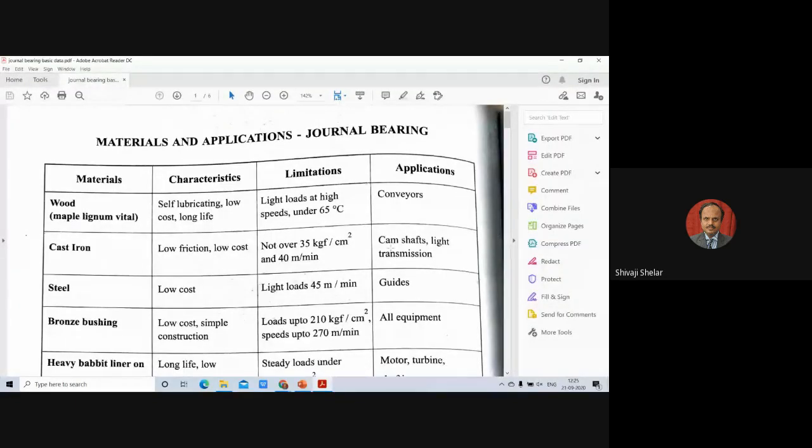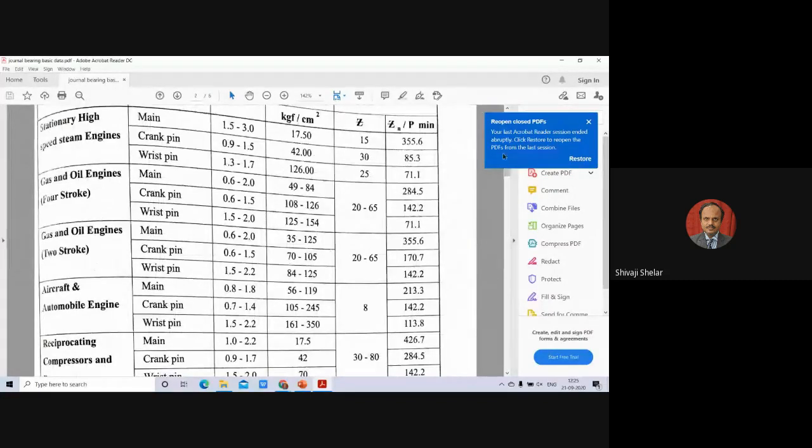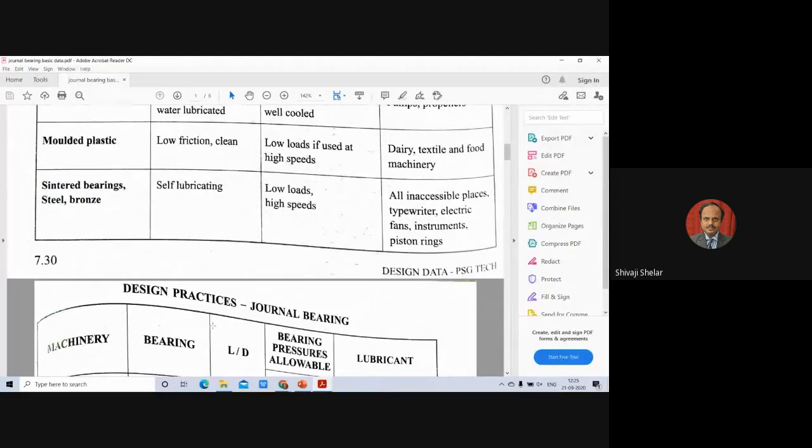Okay. So these are the different materials used for the bearing. So 7.31 we are looking for. So this is 7.30. So 7.31. Okay. So in the 7.31, design practices for journal bearing.